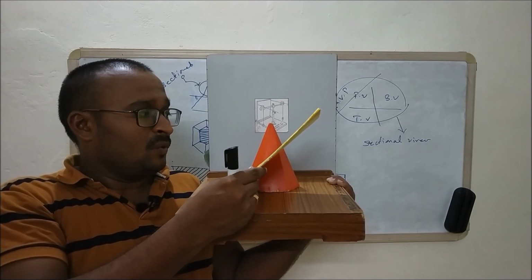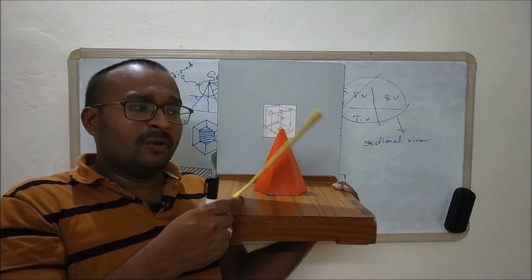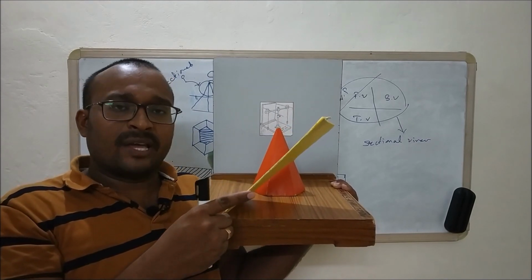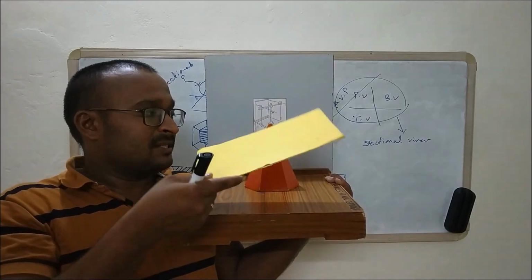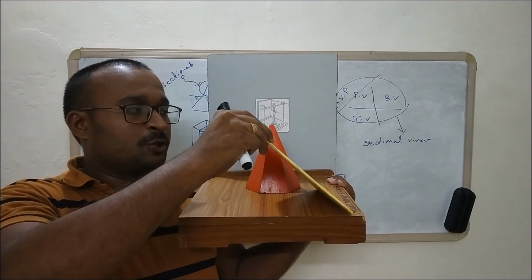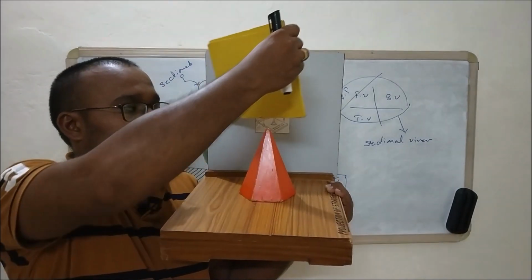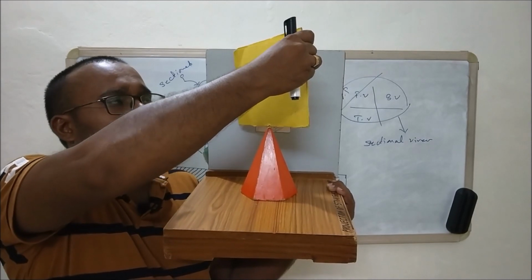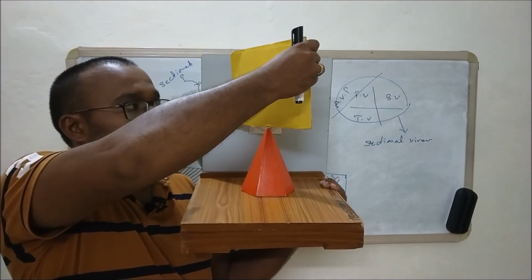So this is the front view. The plane's front view will be a line, so we just represent that section line as the front view of a line. Next, one more condition: inclined to the HP, perpendicular to the VP. And here inclined to the VP, perpendicular to the HP, right?